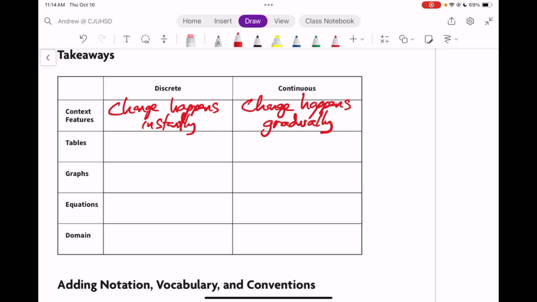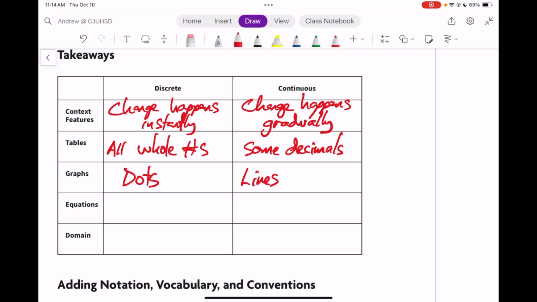So in the tables, all whole numbers. In continuous, some fractions or decimals could be possible. In the graphs, you're going to have dots. In the continuous, you're going to have lines or curves.